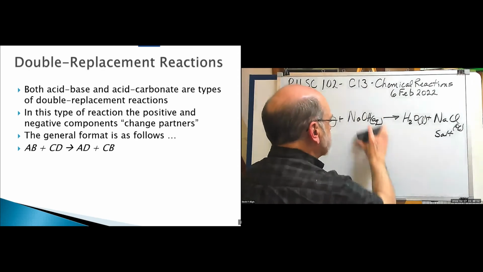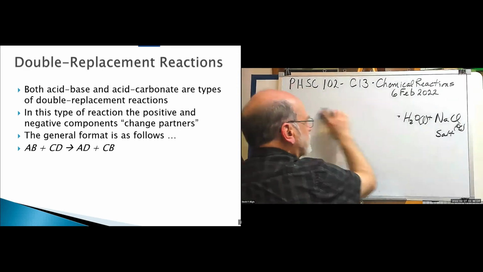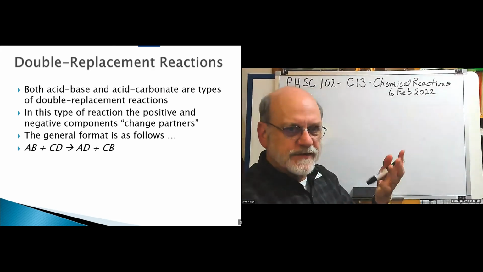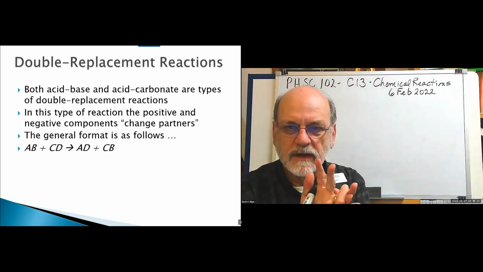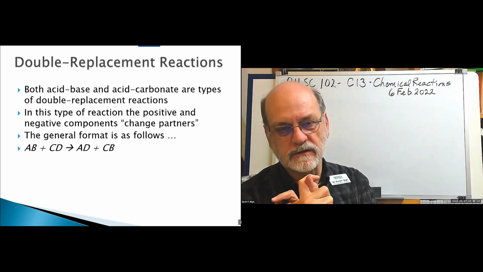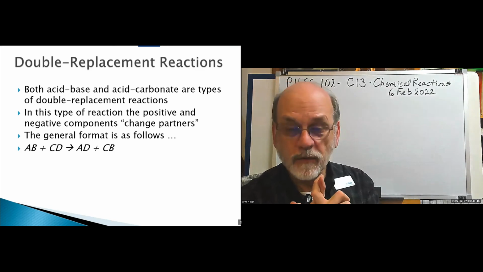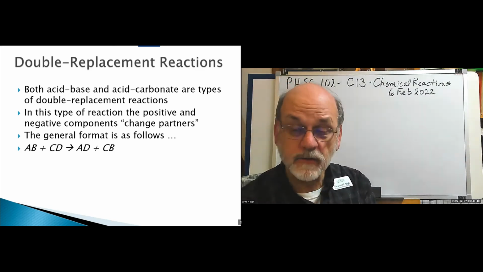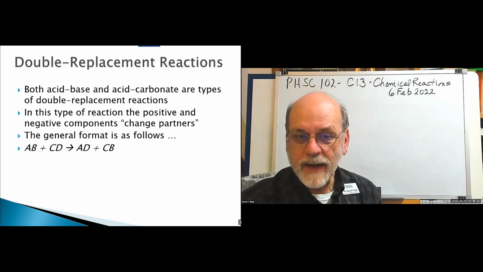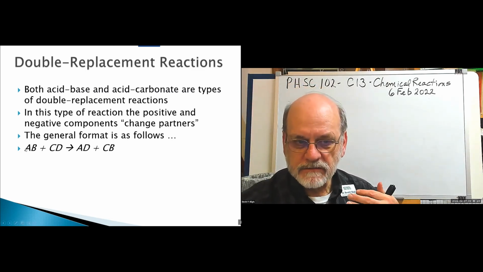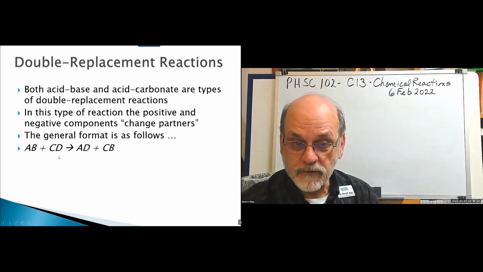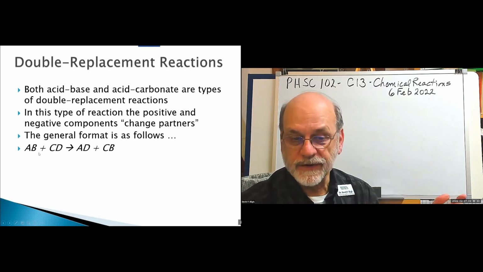Okay, other types of reactions. We talked about synthesis, decomposition. We talked about single replacement reactions. Now, double replacement reactions are possible, and actually we've been using double replacement reactions up till now. What happens is, when you get these two compounds in the vicinity for reaction, they just swap partners.